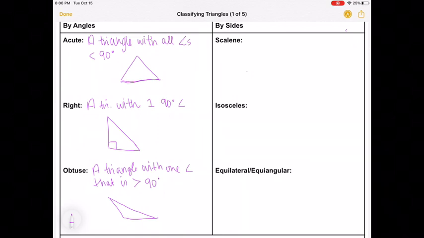Okay, second way to classify triangles is by their sides. So scalene is a triangle that has three unequal or non-congruent sides. It's my triangle symbol there. Sorry, it's a little messy. So a triangle that has three unequal or non-congruent sides.